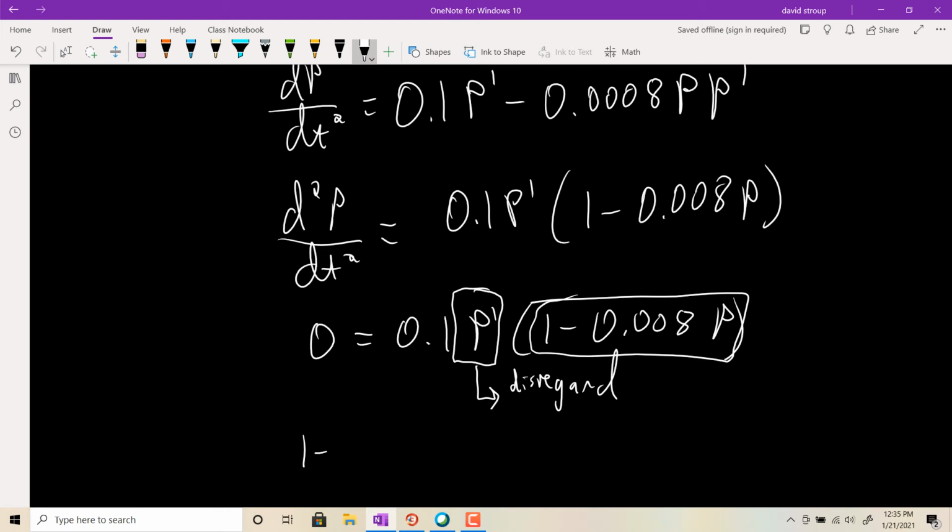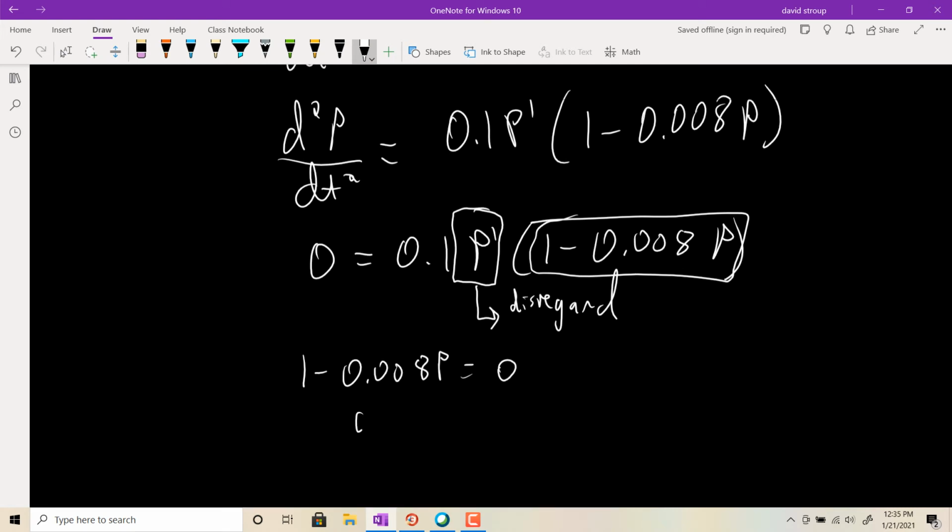So set that equal to 0, long story short, and solve for p. So you get 0.008p is 1. Multiply both sides by 1,000 over 8, so you end up with 1,000 over 8, which is, I think, 125, right?